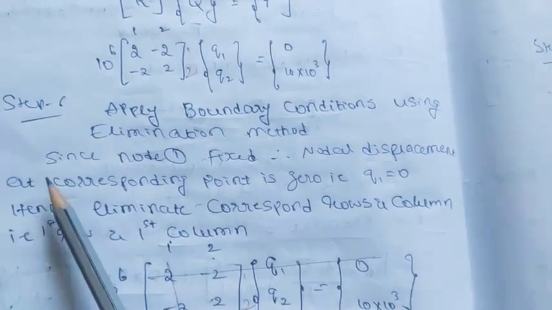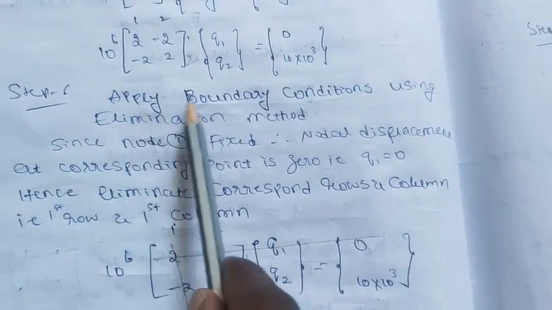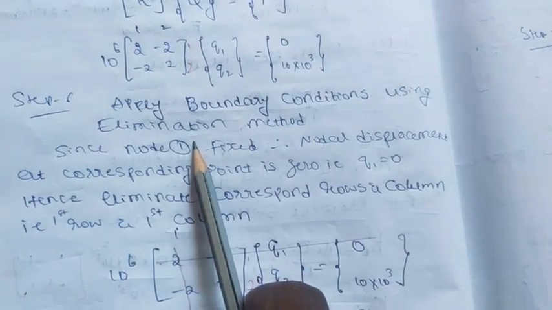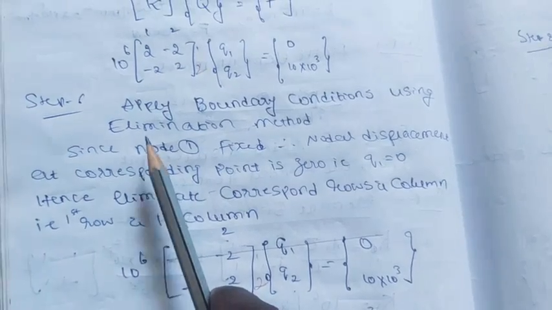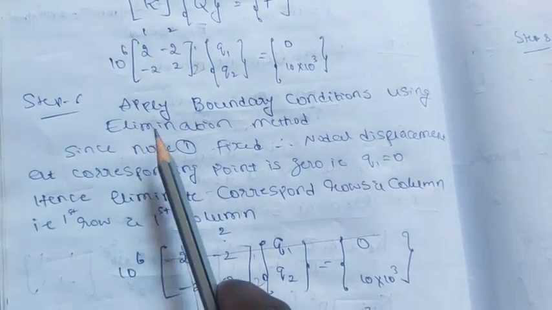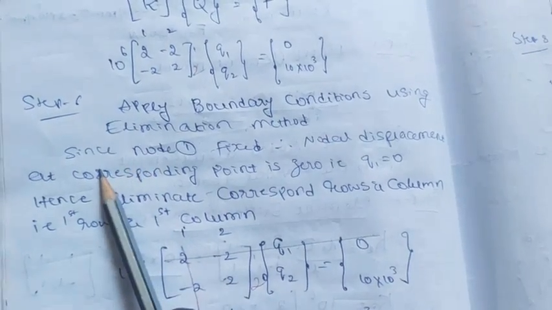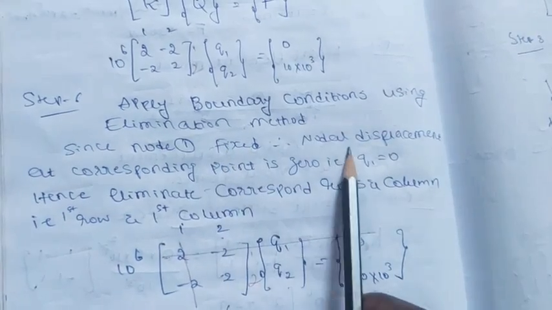Now step number 6. It is very important. Now we need to apply the boundary conditions, using the elimination method. As I told, in the elimination method, corresponding to the end conditions given, the rows and columns are deleted or eliminated. Here node 1 is fixed, therefore there is no displacement, so the nodal displacement Q1 becomes 0.